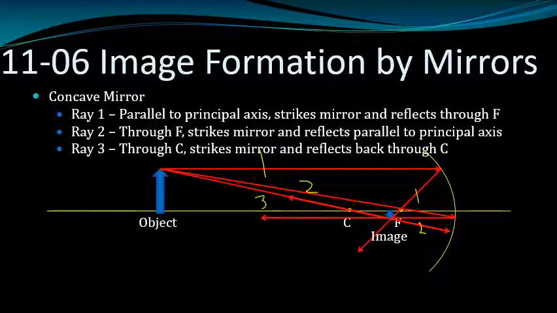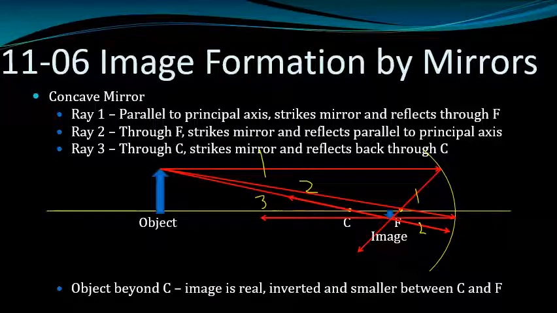Notice they all meet at a point right there, so our image is right there. So when our object is beyond C, the image is real, inverted, and smaller, between C and F. Just like we were doing with the lenses, if it's a real image, it's inverted.